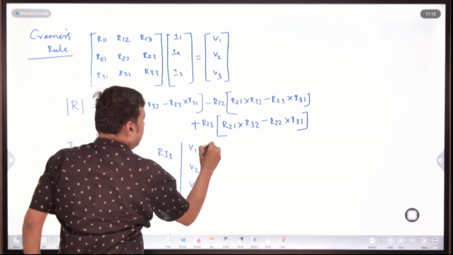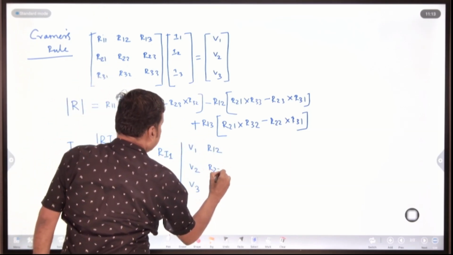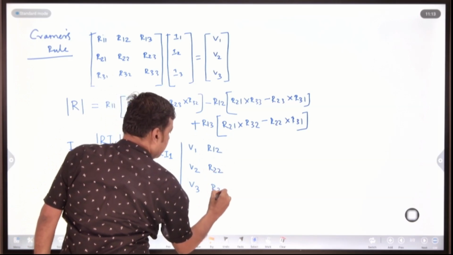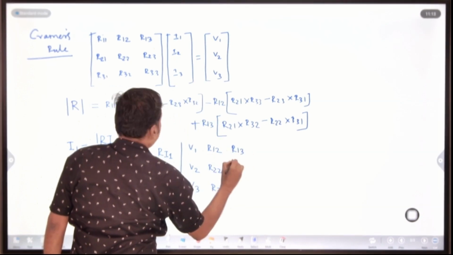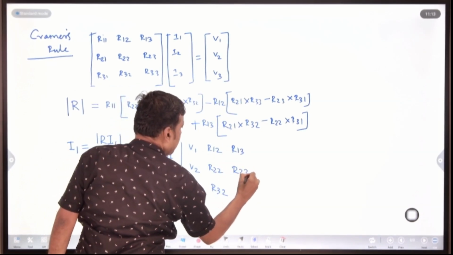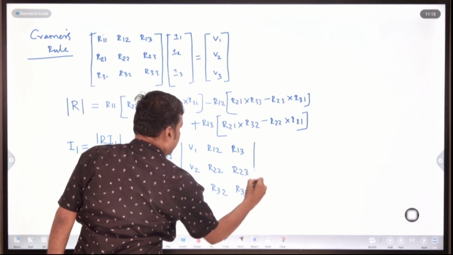So that is your R12, R22, R32, then R13, R23, then R33. This is your Ri1.